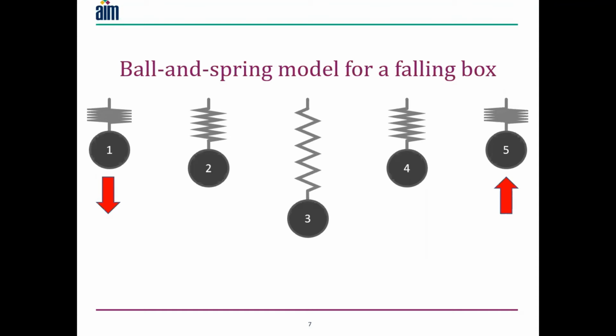Then the spring is going to start pulling, and the ball is going to start moving in the opposite direction. When we get to 5 in our model, we're not considering losses. At this point, the force on the spring is 0 again, in other words the length of the spring has returned to the original length in number 1, and the ball is now moving in the opposite direction.